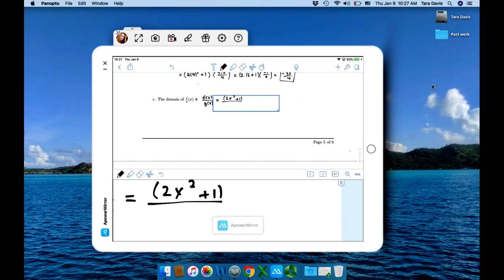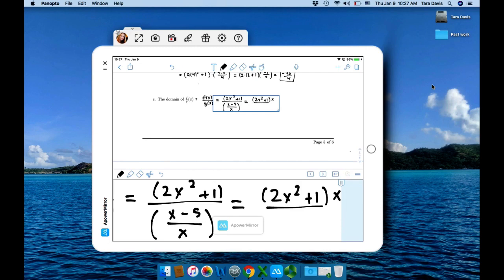So I'm going to put a parenthesis because g of x itself is a fraction. So I'm dividing 2x squared plus 1 by x minus 5 over x. So this is the same as, let's change it into a more simple fraction. So this would be 2x squared plus 1 times x all over x minus 5.